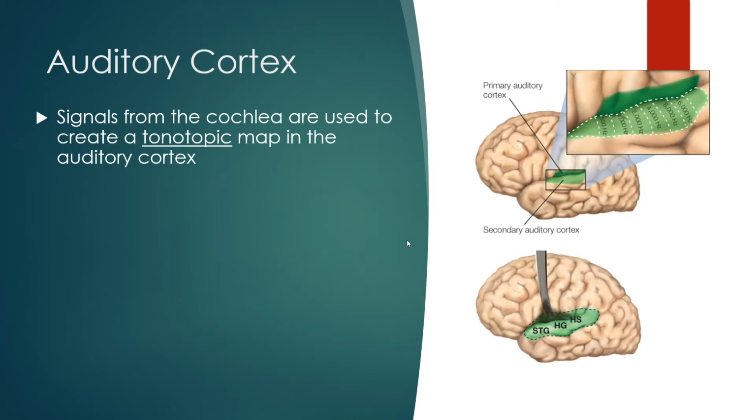And so you see this really nice segregation of low frequency sounds, more towards the anterior or front of the brain, and then higher frequency sounds organized closer to the posterior portion of the auditory cortex. That allows it to create different profiles, because if it has everything mapped out, then it knows that when different things are on at the same time, it's a specific type of sound.